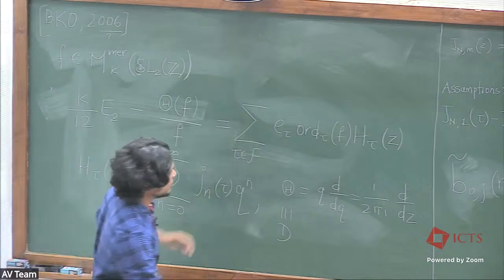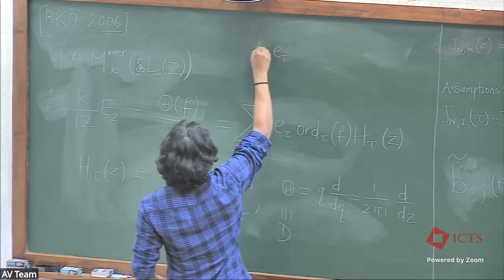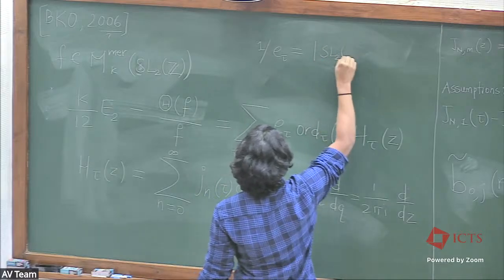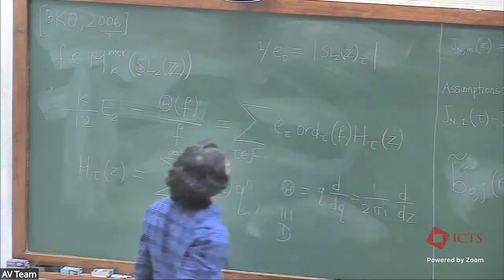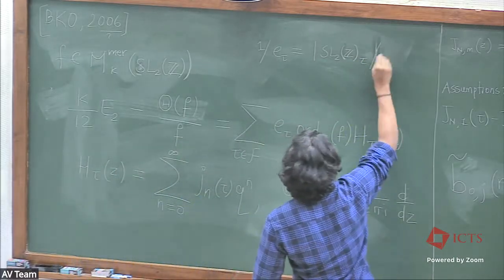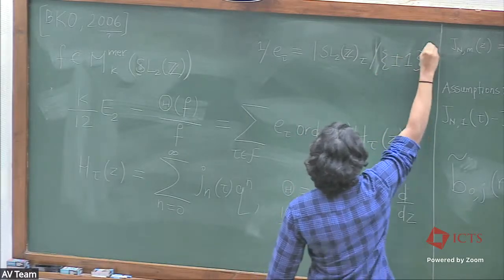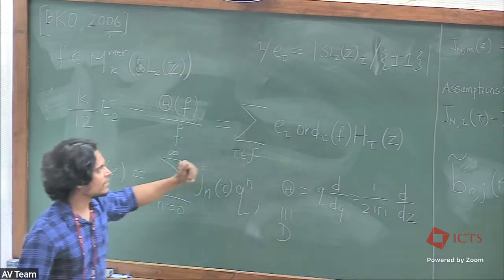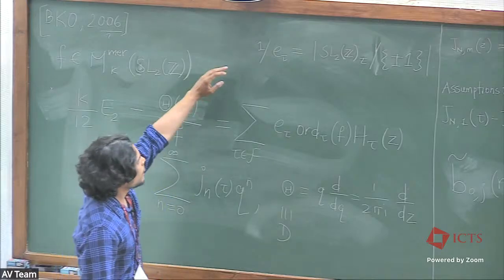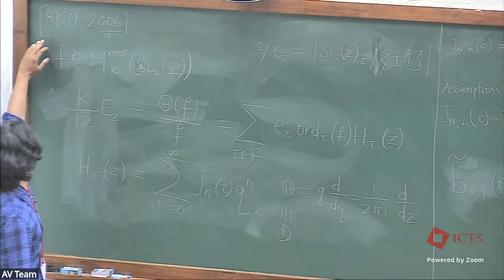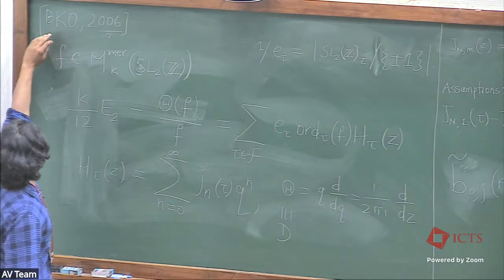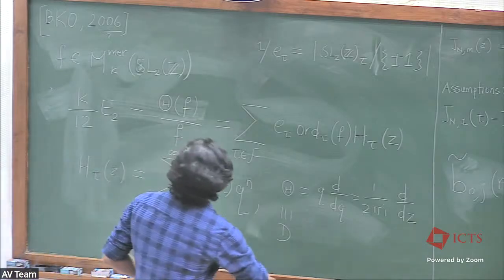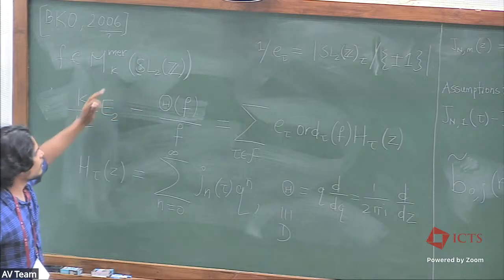And 1 over E tau, where E tau is the stabilizer subgroup of tau, modulo plus minus identity. And order tau f is the order of the pole or zero of the function at tau. Now, this formula was proven by Bruinier, Ono, and I forgot the third author, right? Thanks. So this formula was proved for any meromorphic modular form.